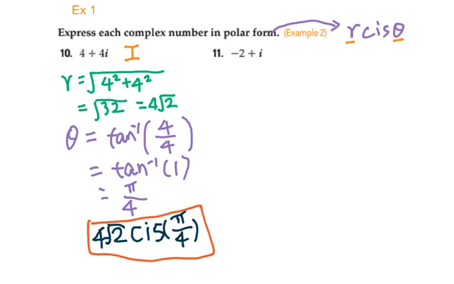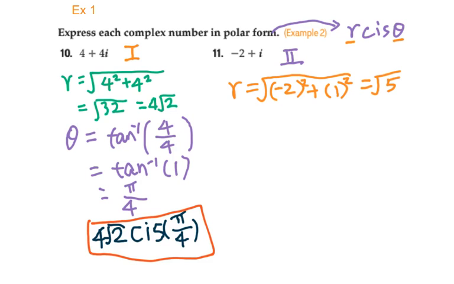Now let's go to 11. For 11, which quadrant? It will be the second quadrant. Therefore, your r equals the square root of negative 2 squared plus 1 squared, which equals the square root of 5.